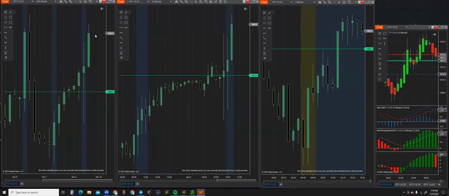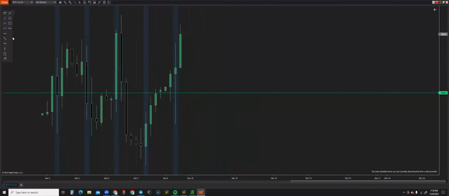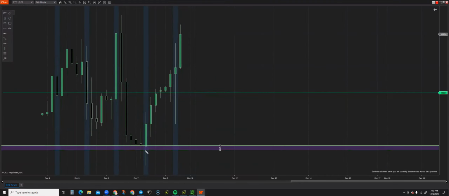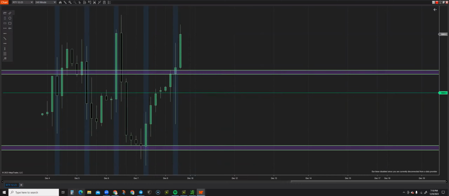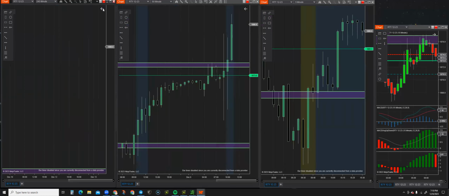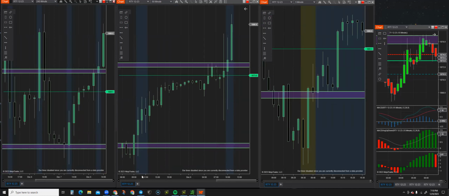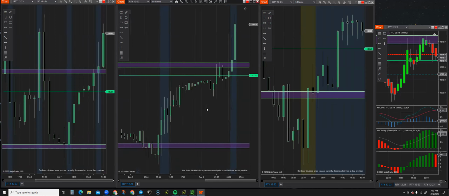The strategy is still the same. I go to my 4-hour chart and I identify where my ceilings and floors are before the 9:30 session opens. So that's my low, and prior to this shaded area, this was the high. Then I drop down to my hourly chart and I do the same thing, unless the hourly is being contained inside the 4-hour.